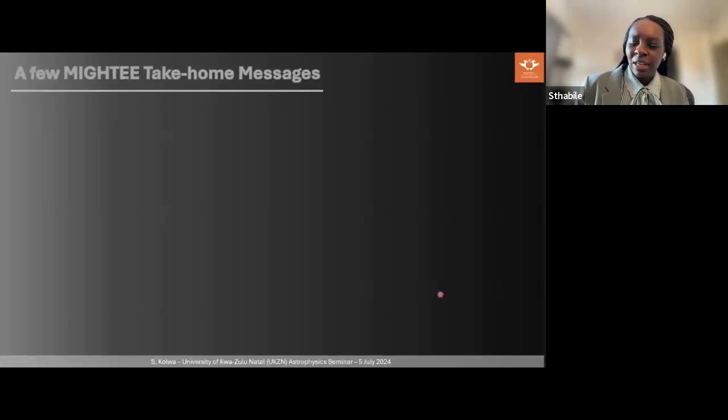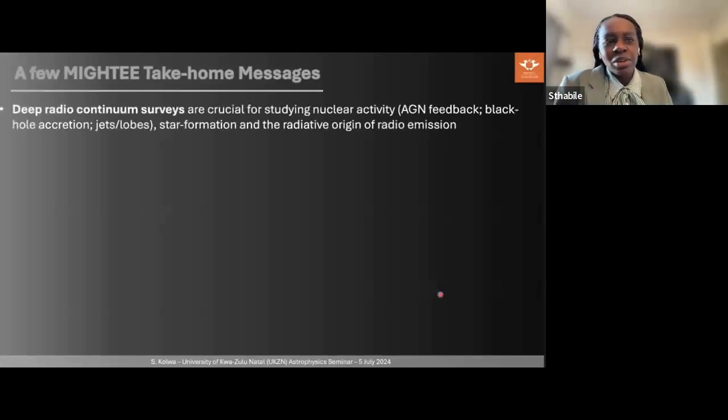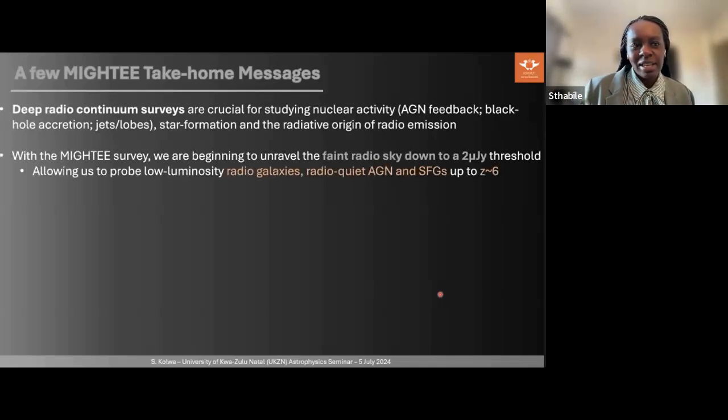So all in all, our deep radio continuum surveys are generally crucial for studying nuclear activity and star formation, specifically for sources that previous generations of radio surveys have missed. So those are the radio quiet AGN and the star forming galaxies.